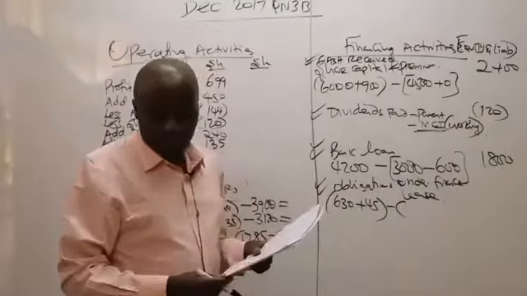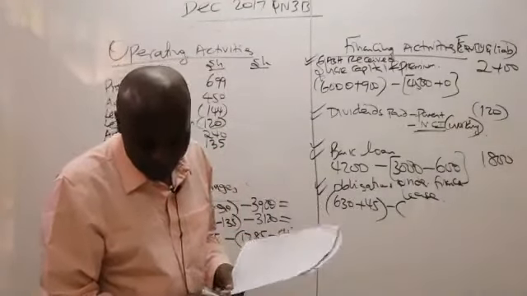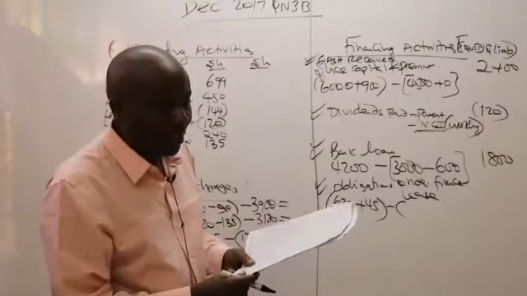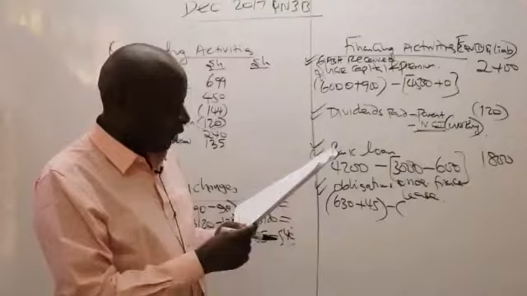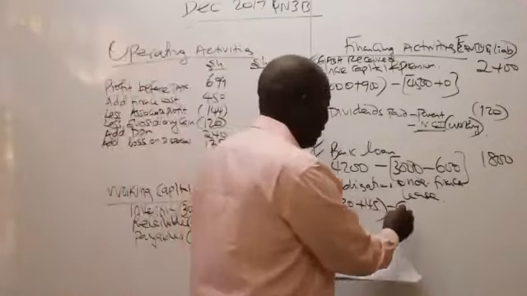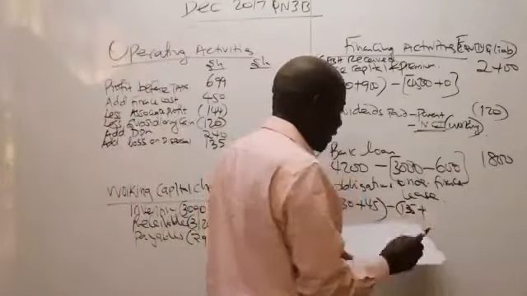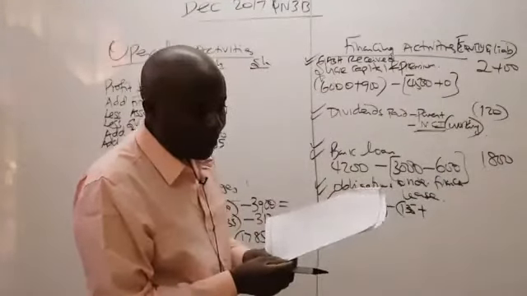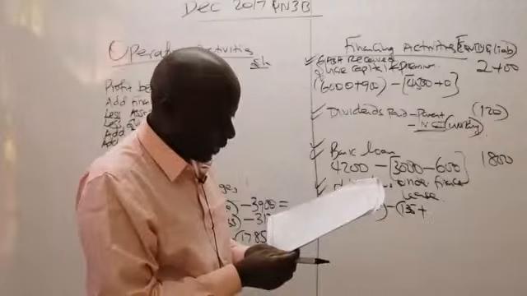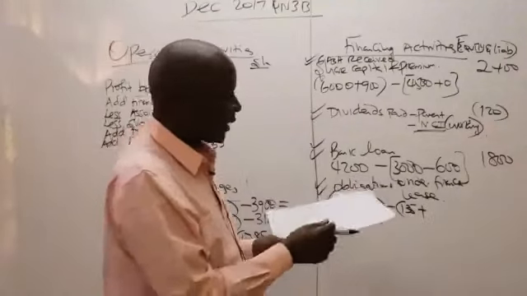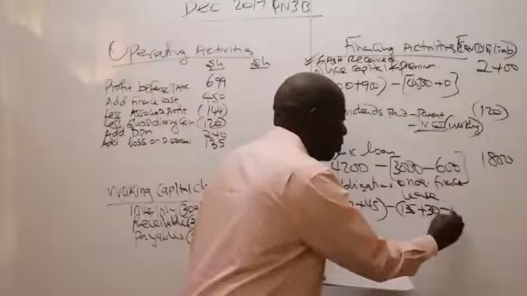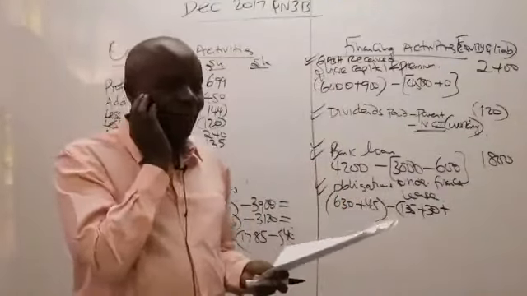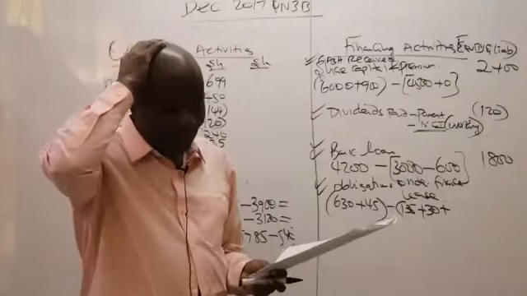So under opening, what are we able to see there? Opening, we have 135. So 135 plus 30. Kumbukeni, during the period, you also had some lease. Mnakumbuka kweli?